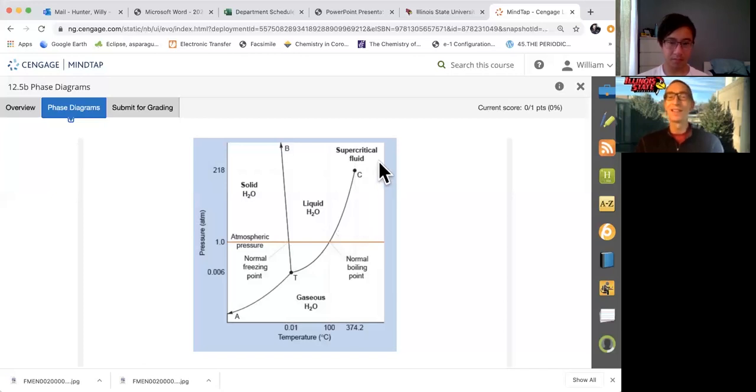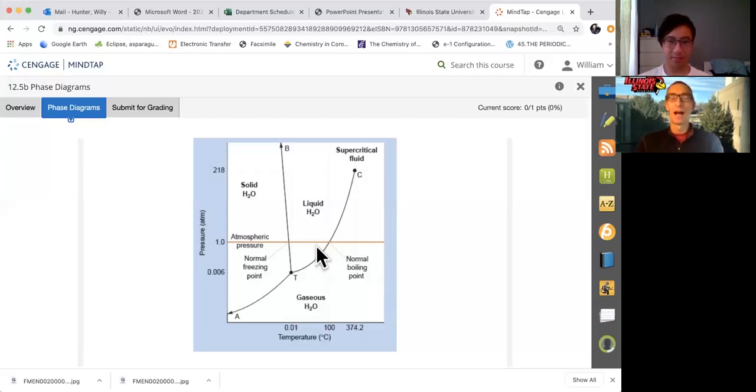These other high pressures or low pressures, low temperatures and high temperatures, we never see them, only in specialized lab situations. So it's hard to understand what's going on with this diagram because it doesn't really relate to our lives very much. It's very, very specialized.